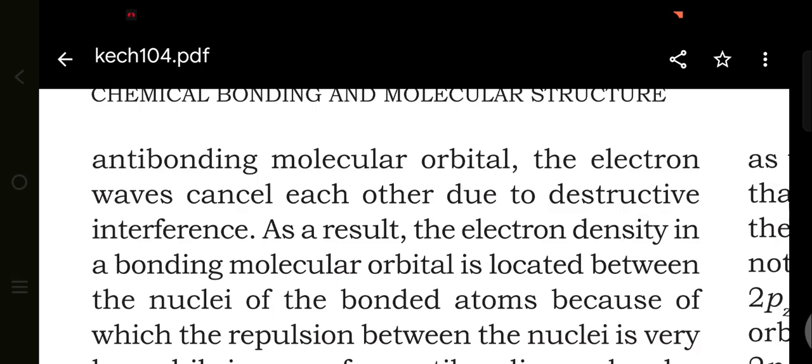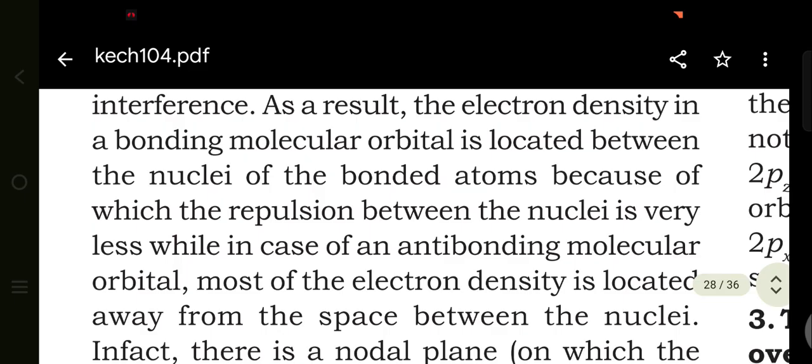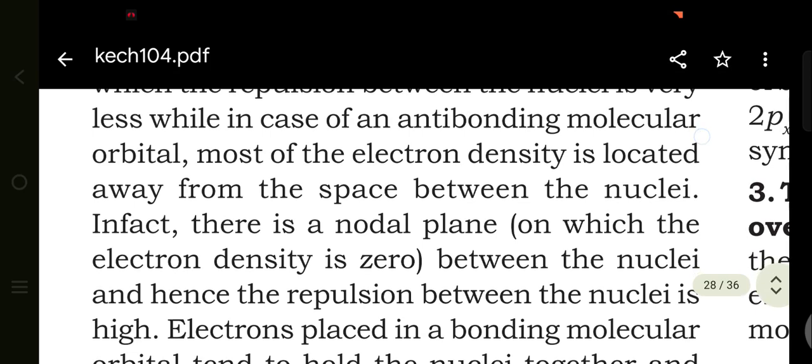As a result, the electron density in a bonding molecular orbital is located between the nuclei of the bonded atoms, because of which the repulsion between the nuclei is very less, while in the case of an antibonding molecular orbital, most of the electron density is located away from the space between the nuclei.